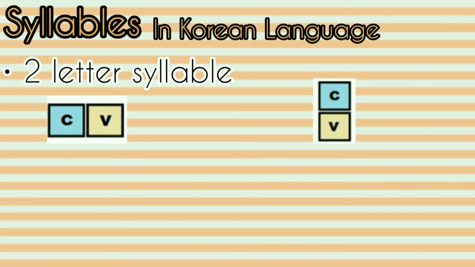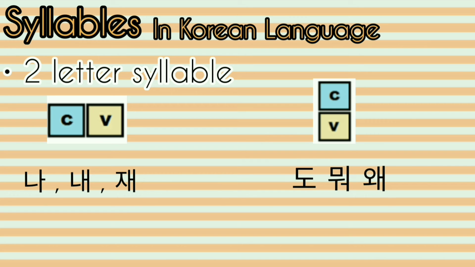As I told you earlier in the portion on vowels, there are vowels that can be written aside to the consonant and vowels that are written below the consonants. I will be putting a few examples here where you can see the consonant and vowel written aside to each other, and the syllables in which the vowel is written below the consonant.